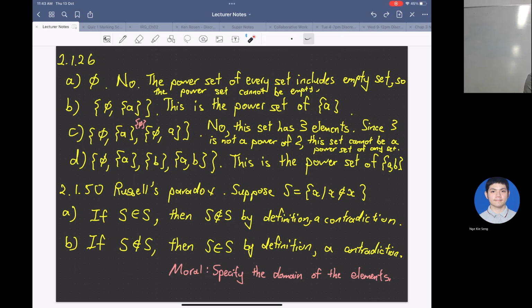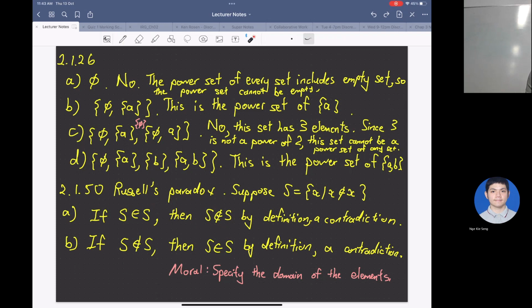So suppose X is in X. Then if X is in here, I need to satisfy this condition here, right? So X is not in itself, but this contradicts your assumption.